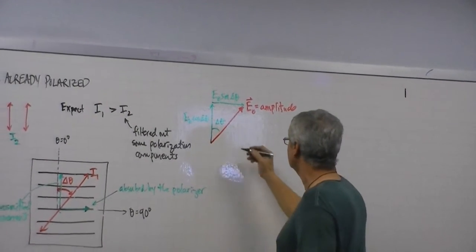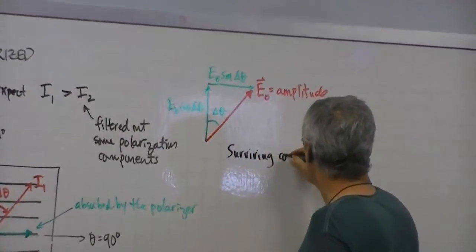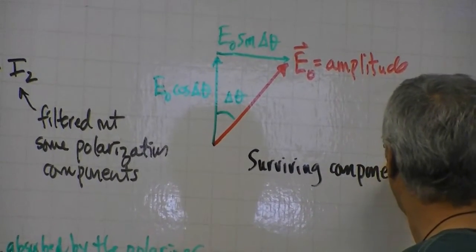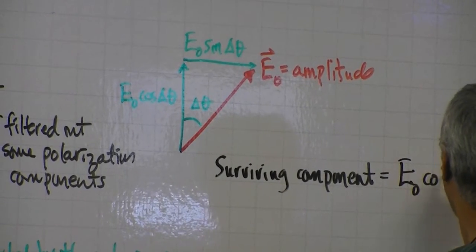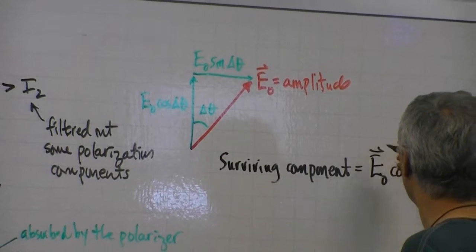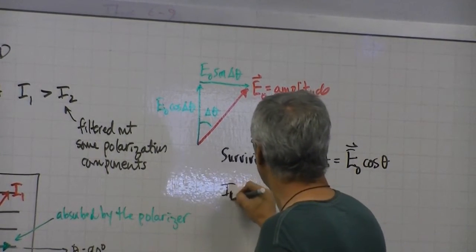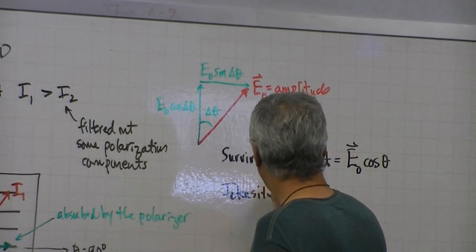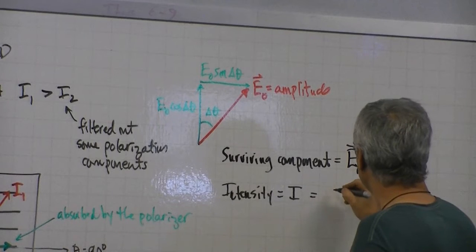So then that means the surviving component is equal then to E naught cosine theta here. But remember what the intensity is? The intensity is equal to I, and that has to be amplitude squared.